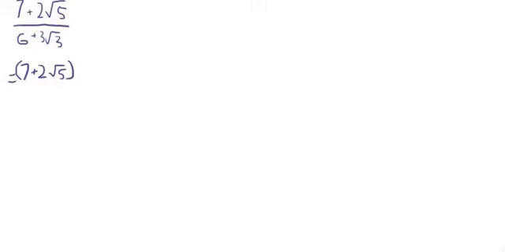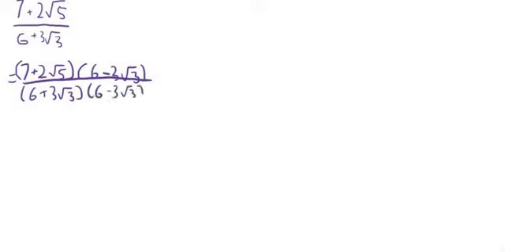And for this one it is 6 minus 3 root 3. So we just change this sign from positive to negative, and if it was negative we change it to positive. There you go.